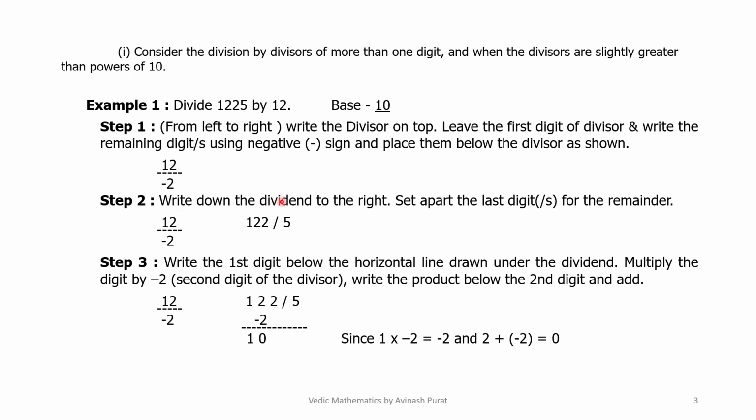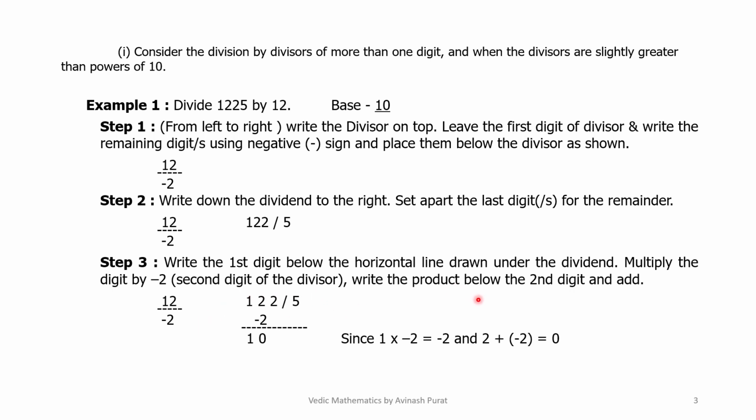Step 2. Write down the dividend to the right. Set apart the last digits for the remainder. So 12, minus 2, and 122 stroke 5. Step 3. Write the first digit below the horizontal line drawn under the dividend. Multiply the digit by minus 2, the second digit of the divisor.